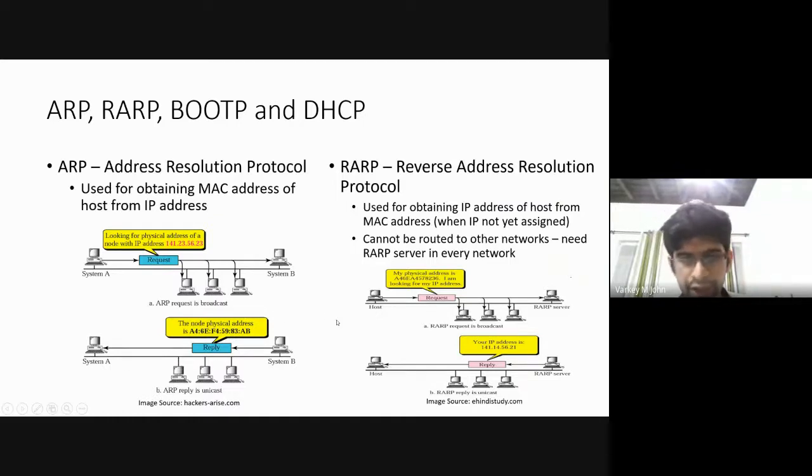I think in that video he was saying about ARP requests. So this is what is happening. In RARP, it is the reverse form. The host says, this is my MAC address, I want an IP address. Then the RARP server says, this is the IP address, you can take it.